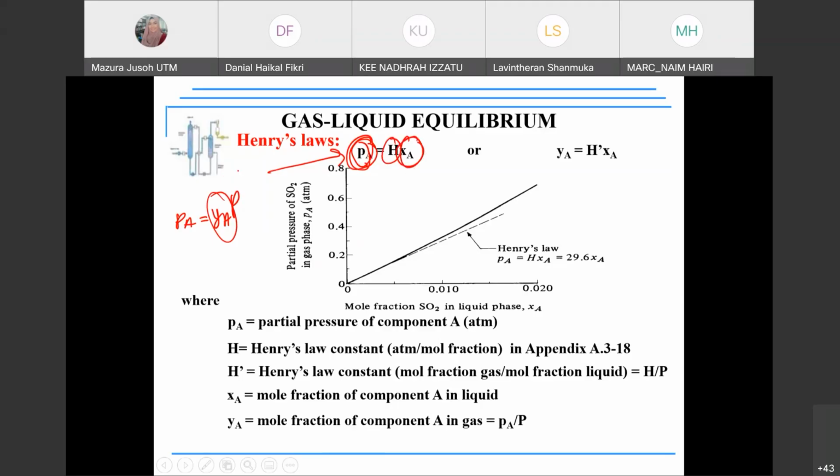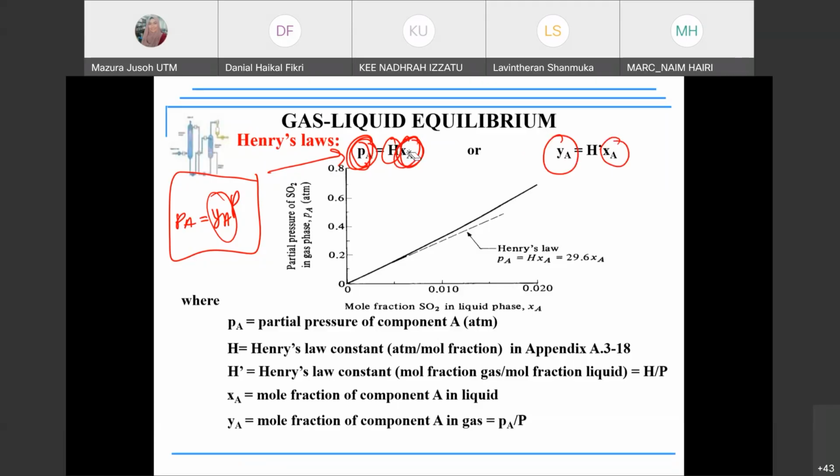Because from the fundamental equation, we can only relate it to the mole fraction of component A in the gas phase. But now we need to relate the partial pressure to XA as well. So another equation that you need to know is the relationship between XA and YA.